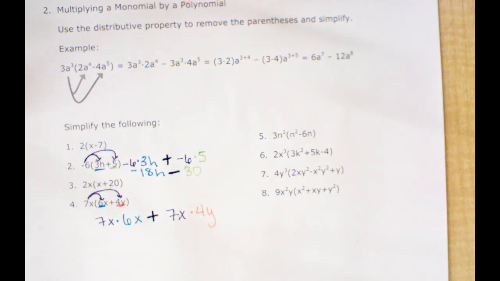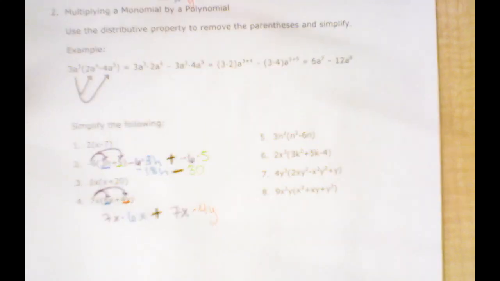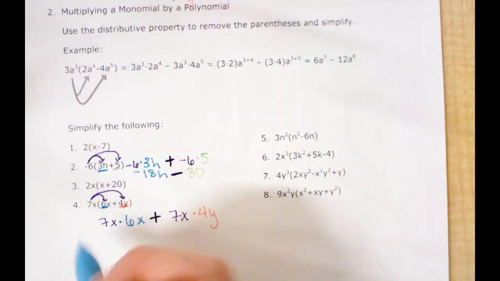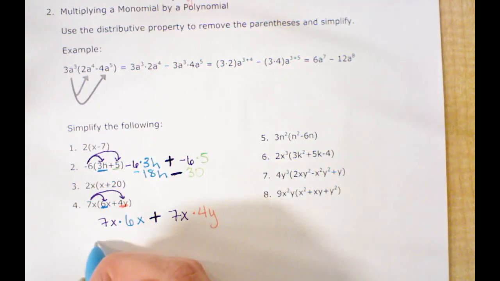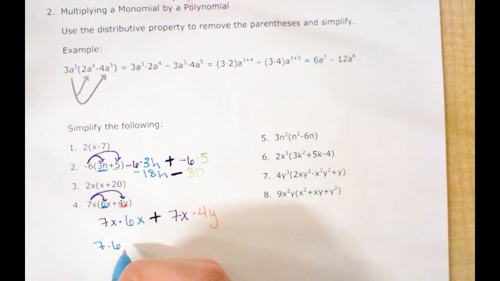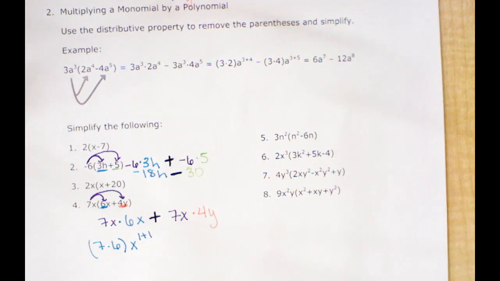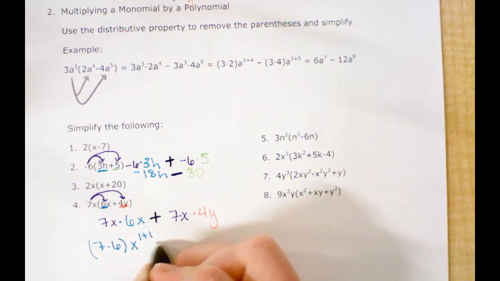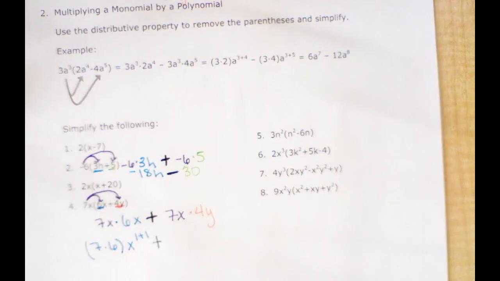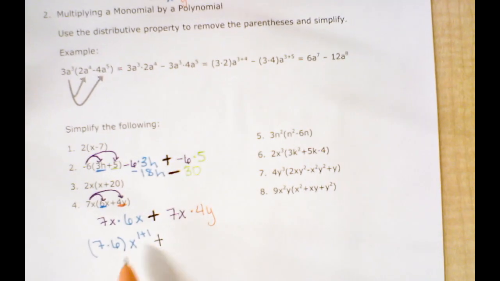So we have 7x times 6y. So I'm going to do what they did earlier. We're going to do 7 times 6. Then we're going to put x, 1 plus 1. Wait, why are you doing 1 plus 1 now, if you didn't do it in the last one?